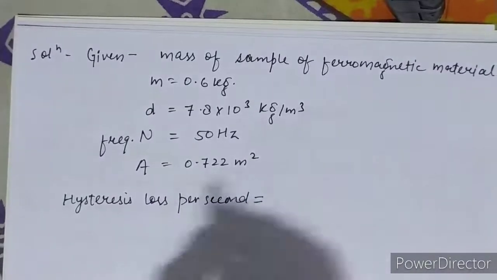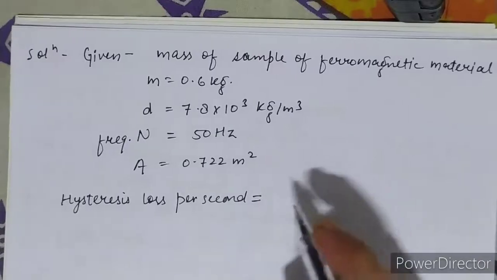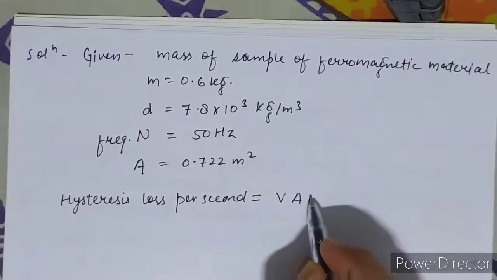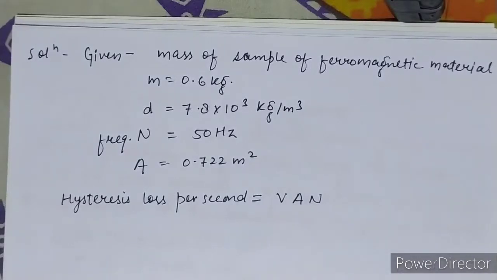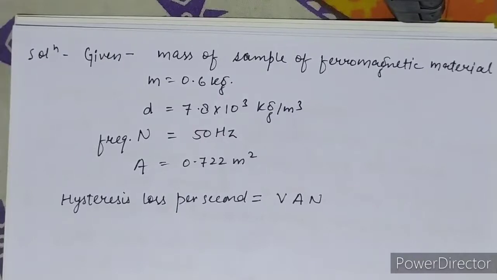Even yesterday we discussed the hysteresis loss, in our yesterday's video, that it was per unit second. So the formula is V A n, maybe I haven't written the formula in yesterday's video, you may write it from here. V is the volume, A is the area, n is the frequency.